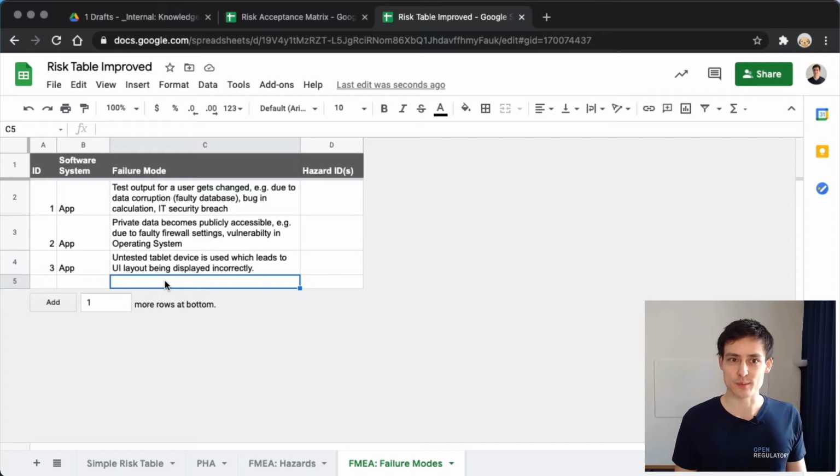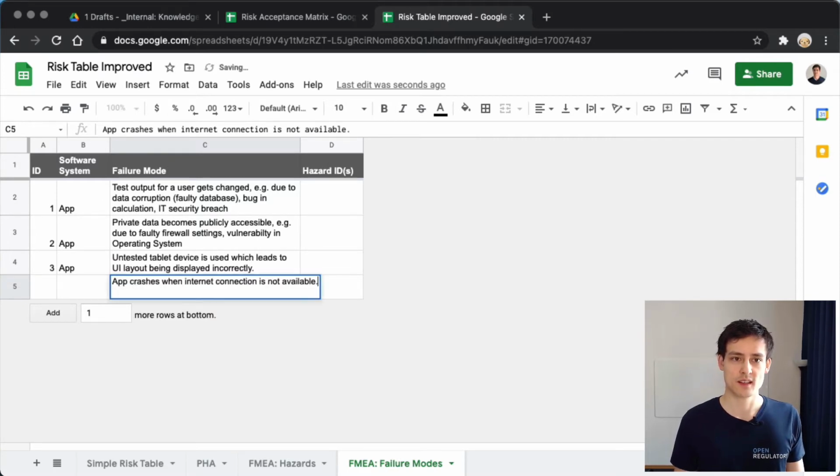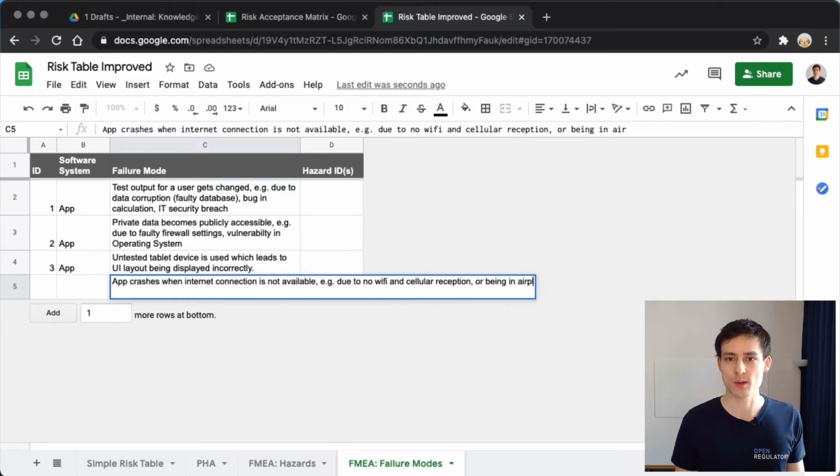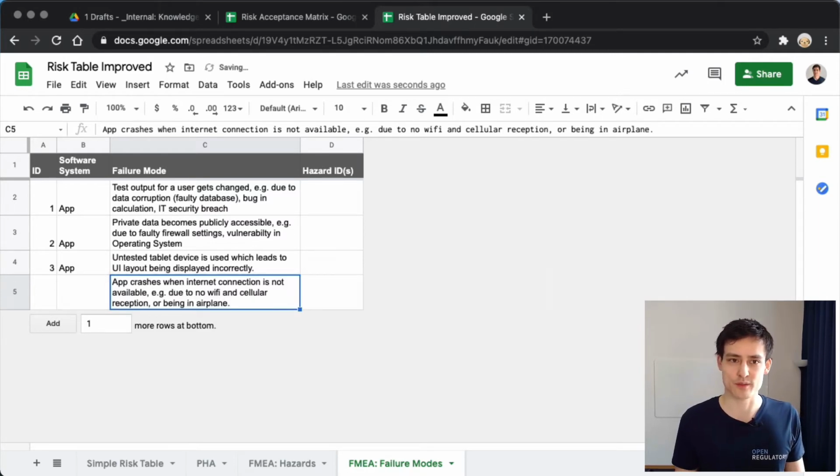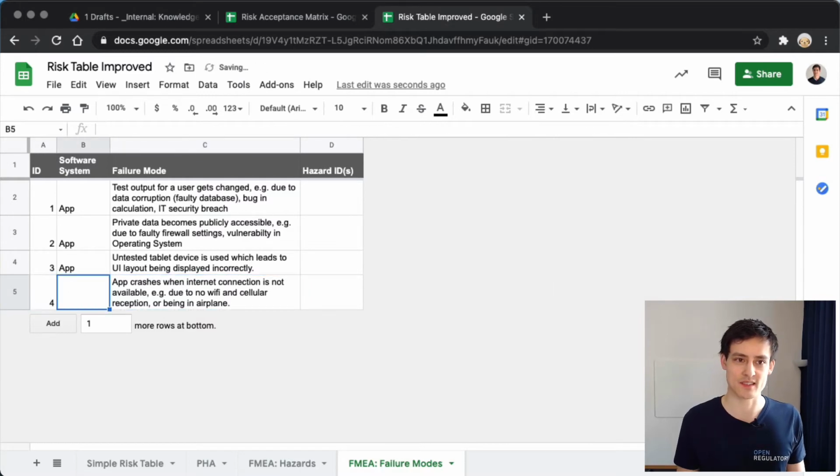Here, the failure mode would be: the internet connection is not available, and that's why the app crashes. So, app crashes when internet connection is not available, e.g. due to no Wi-Fi and cellular reception, or being in airplane mode, or whatever. You can come up with scenarios where there's no internet connection, right?